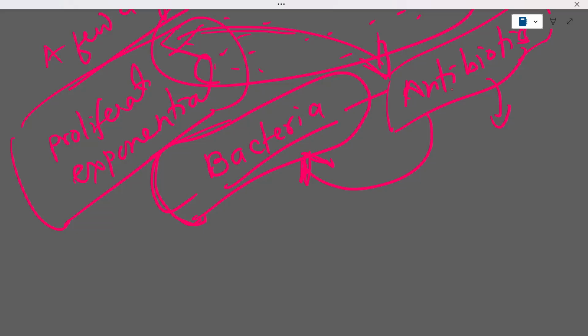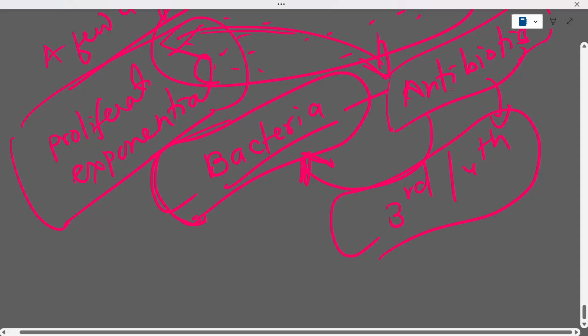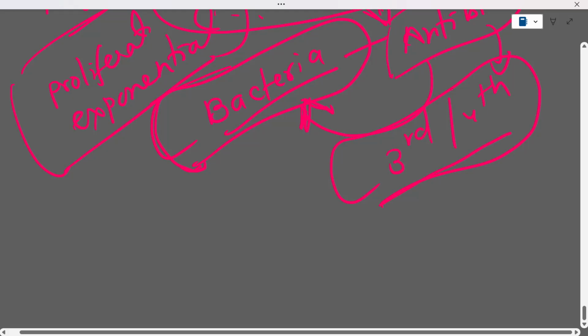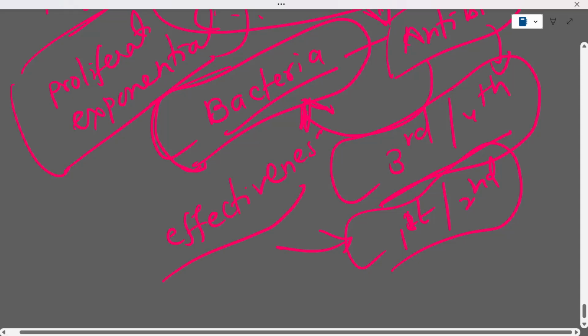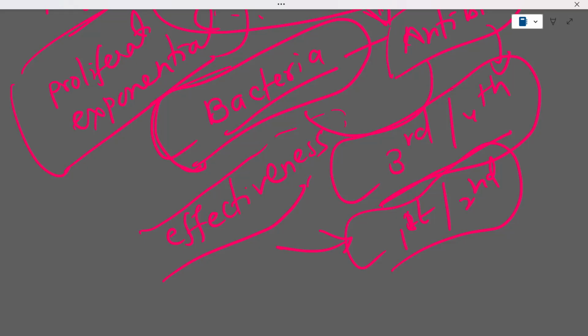Then let's suppose we come up against a situation in which we need the highest class of antibiotics, such as third or fourth generation. So you might have got this idea here. When I talk about third and fourth generation of antibiotics, it means the first and second generation of antibiotics are proving less effective. They have lost the edge. Effectiveness is gradually losing its ground.